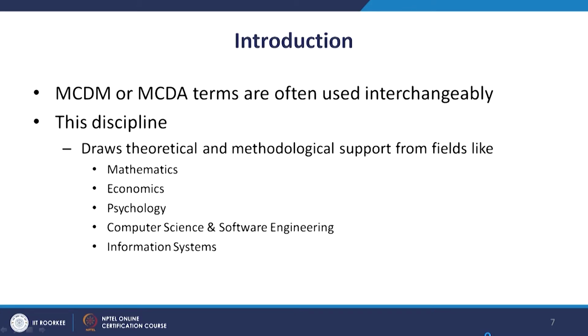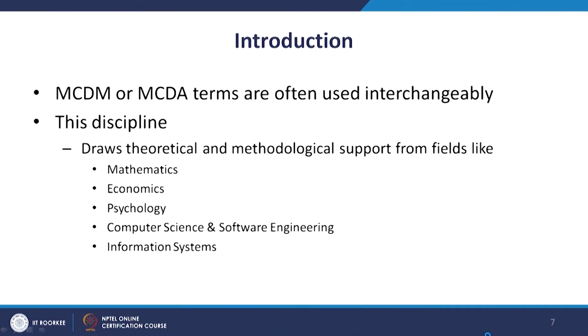Now, if we try to define this area in terms of the theoretical and methodological support that it takes from other disciplines, here we have mentioned some of the prominent ones, for example, mathematics, economics, psychology, computer science, software engineering and information systems. These are some of the prominent fields from where the theoretical and methodological support has been drawn for this particular field, MCDM.